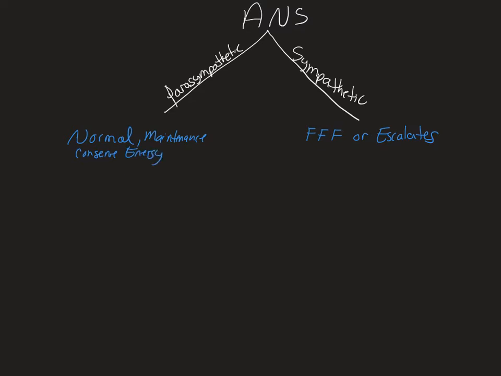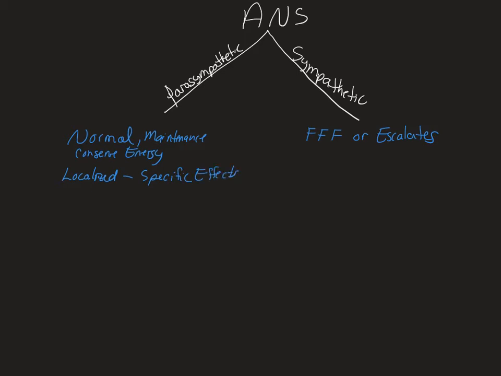Another way to think of these is that typically when you use your parasympathetic division, the way it's delivering its stimulus is keeping things localized and giving very specific effects.